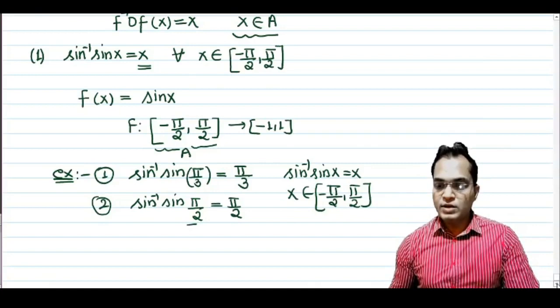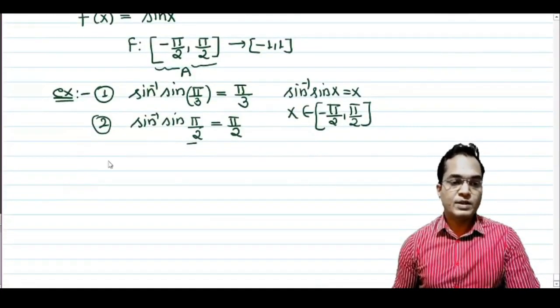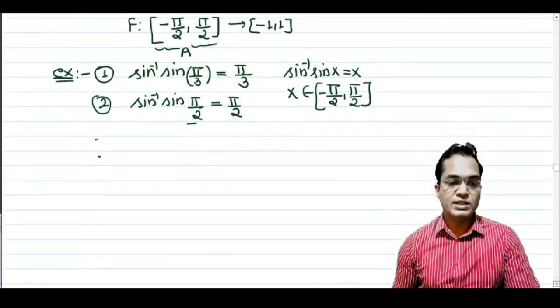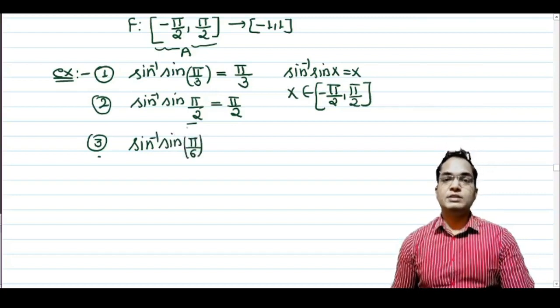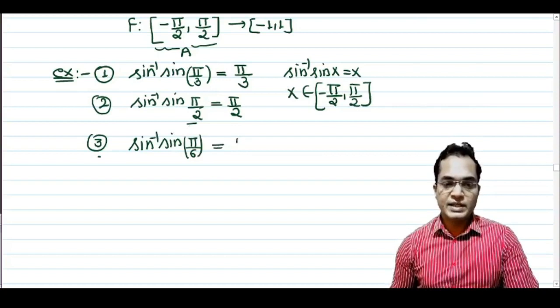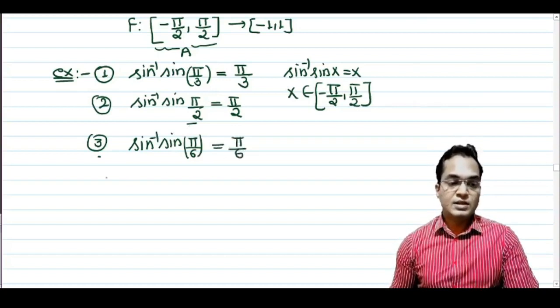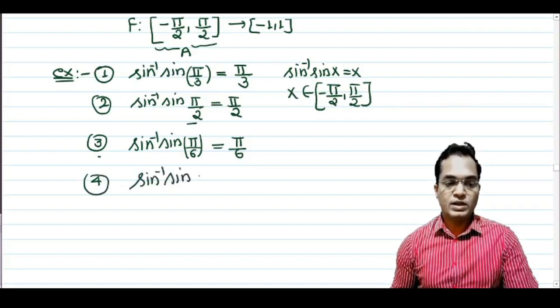Now let's see some other examples, like example number 3. Tell me, sine inverse sine pi by 6. What is the value of this? It is pi by 6, correct. Now 4, sine inverse sine 1. What is the answer? It is 1.